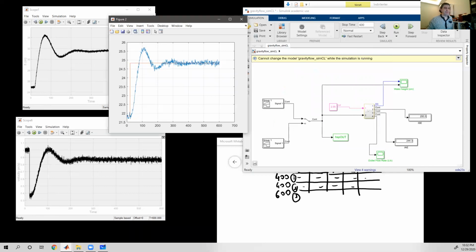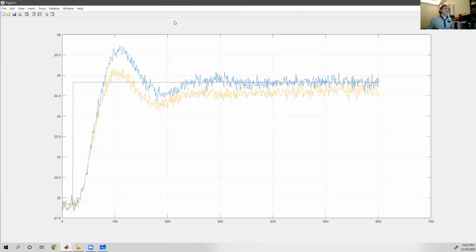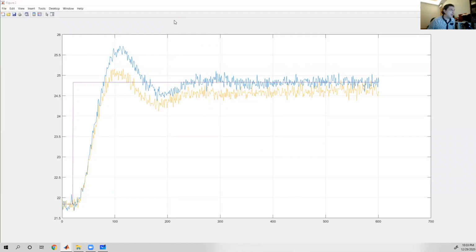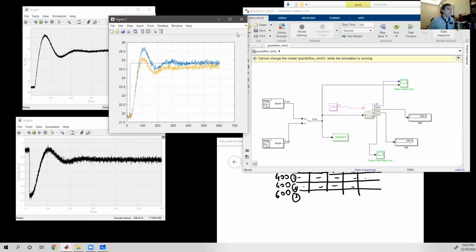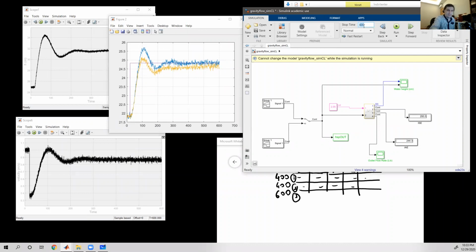Okay, now I'm going to plot the response here. All right. Now here is what you are going to obtain if you excessively increase the tau I value, which means decreasing the integral action. You may say, oh, okay, why do we have offset? The reason is actually we don't have offset, but we didn't simulate the system for a long enough time.